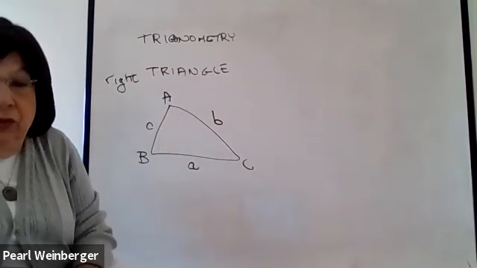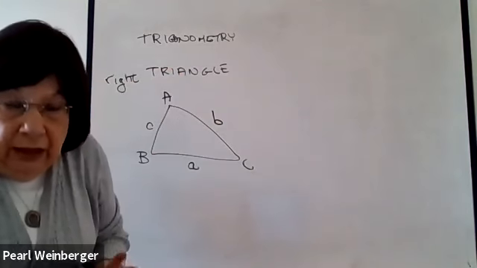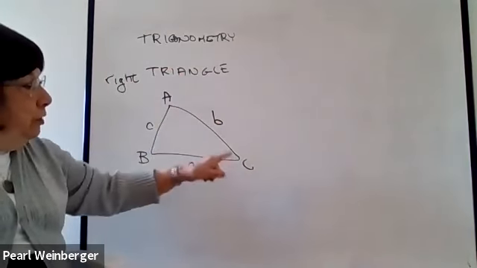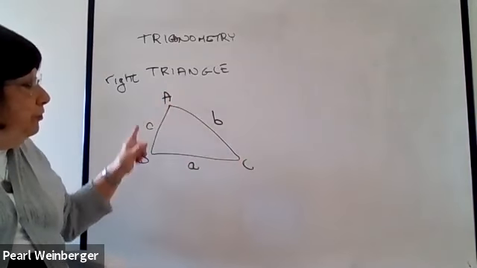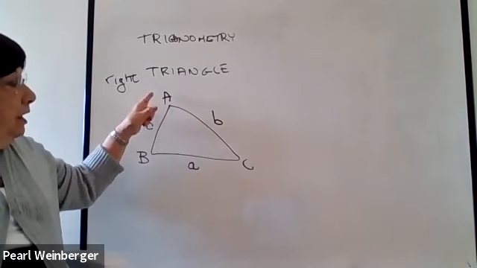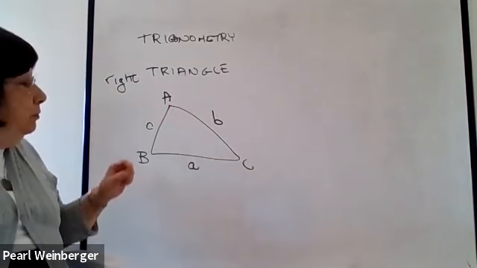And that's the way we're generally going to approach labeling triangles. Capital letters for the angles, for the vertices, that's what they're called. A is a vertex, B is a vertex, C is a vertex, it's a corner.